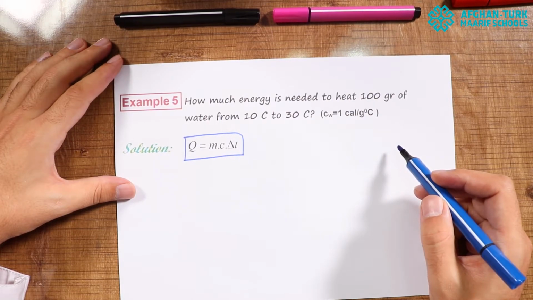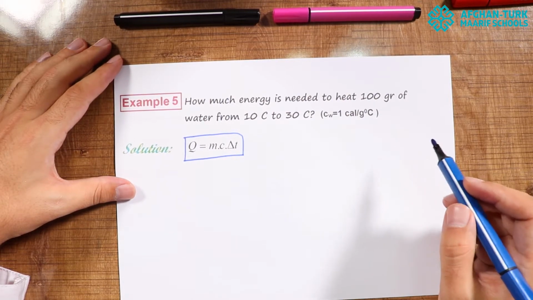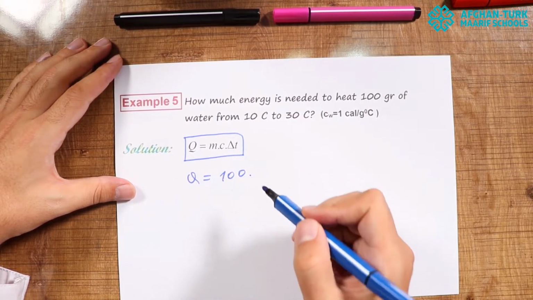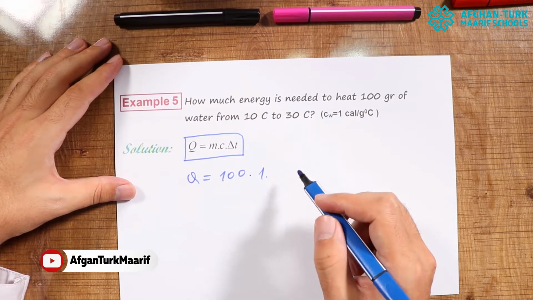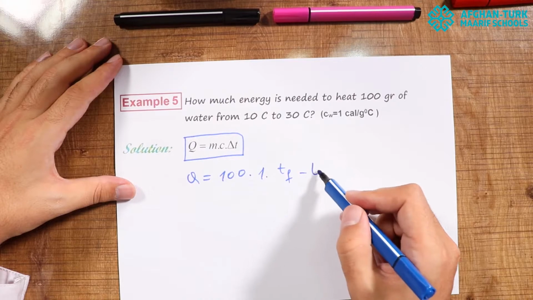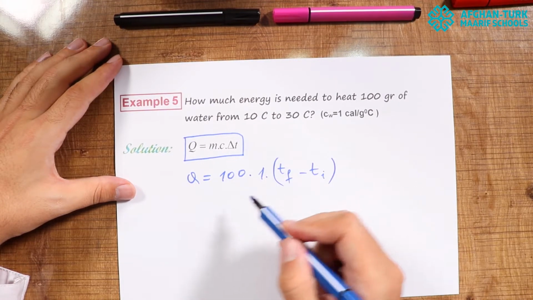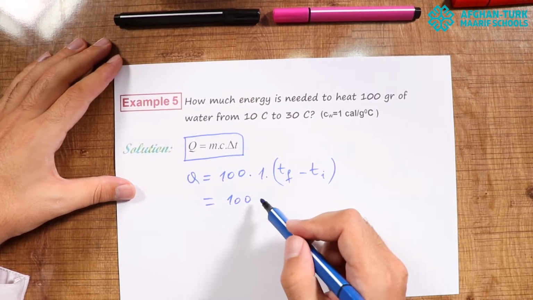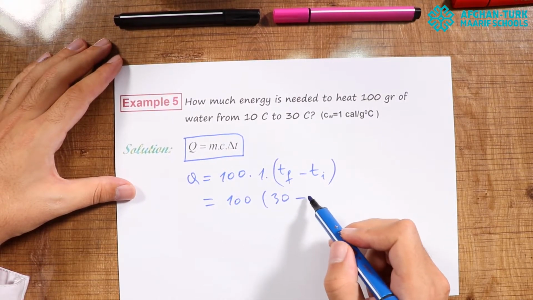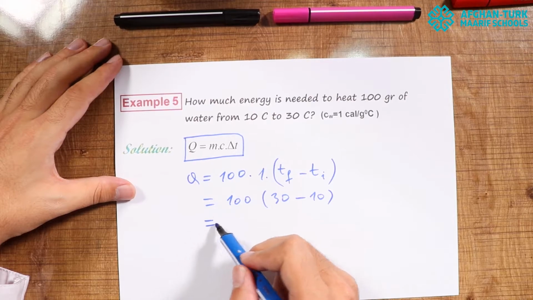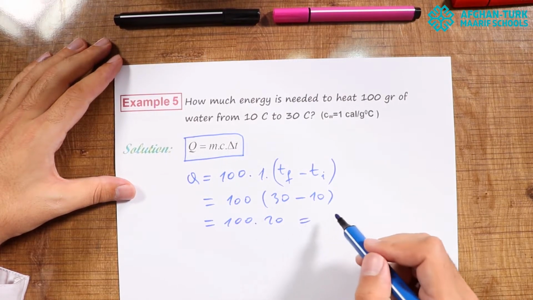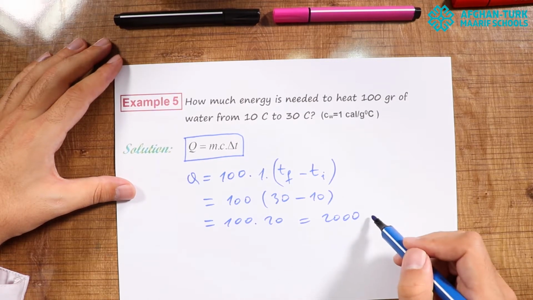When we put the given values, we will have Q is equal to 100 times 1 times delta T, which is T final minus T initial. So from here I can get 100 times 30 degrees minus 10 degrees. That will be equal to 100 times 20, and that's equal to 2000 calories.